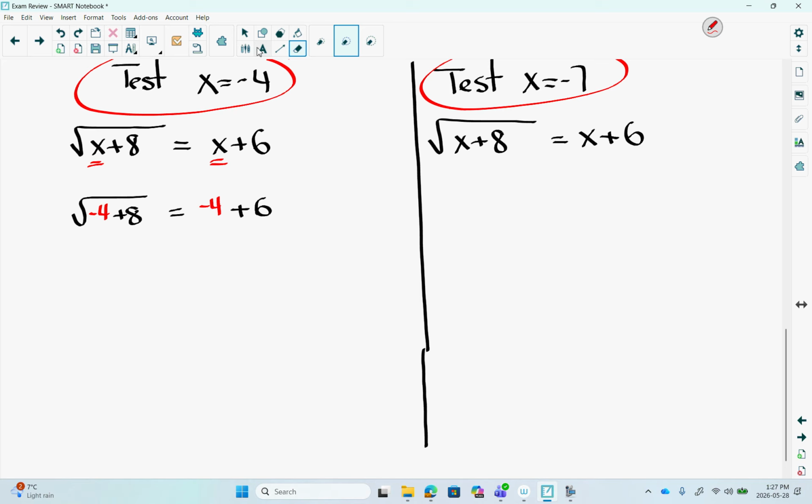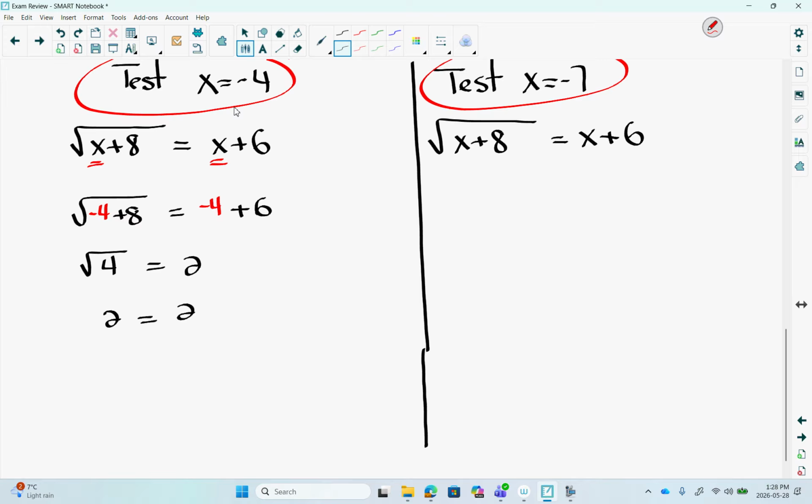What's -4 plus 8? It's 4. What's -4 plus 6? What is the principal square root of 4? It's 2. Only the positive answers. That's what it means here.